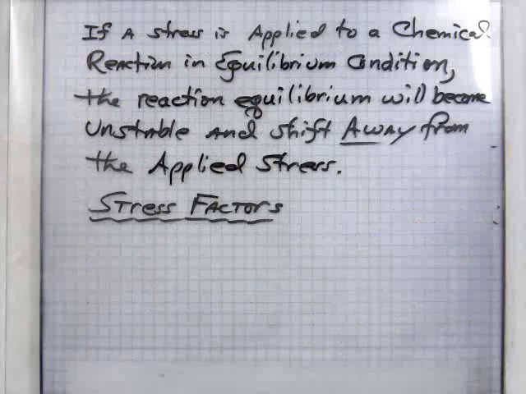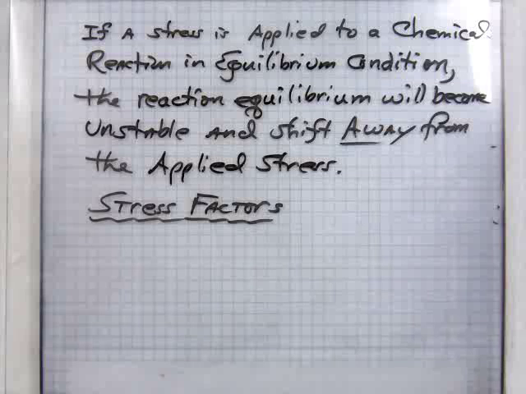So the question is, what are the stress factors that we are going to apply to various chemical reactions and observe their process of shifting left or right or whatever?